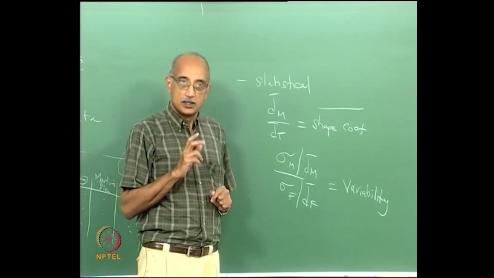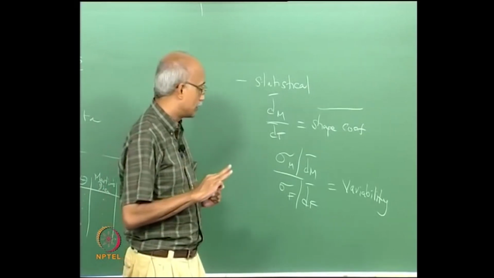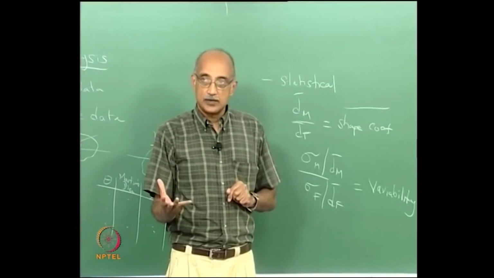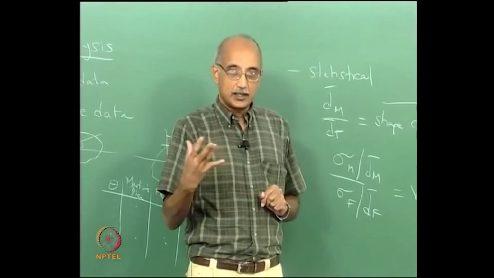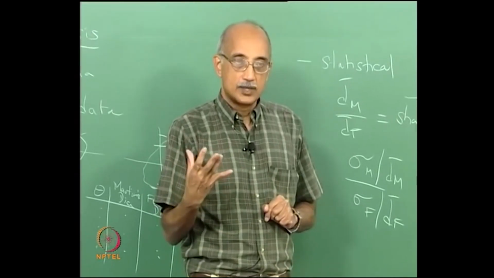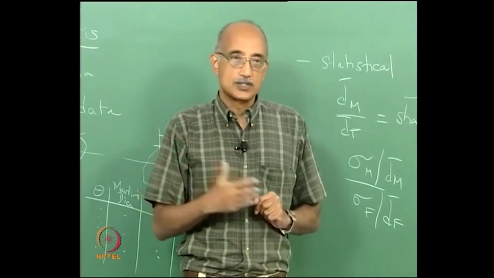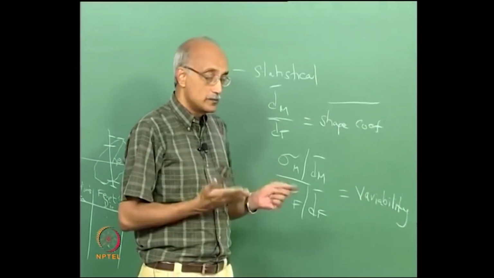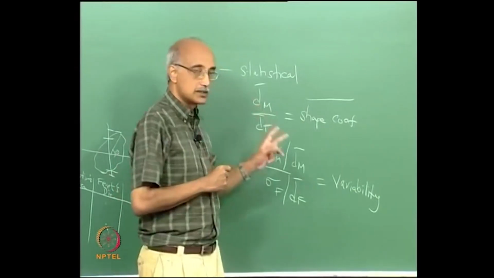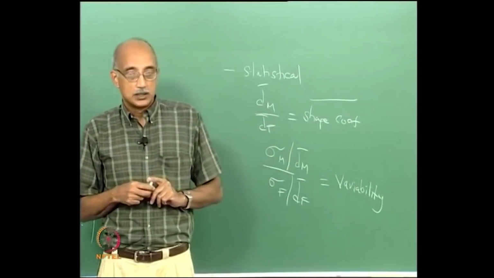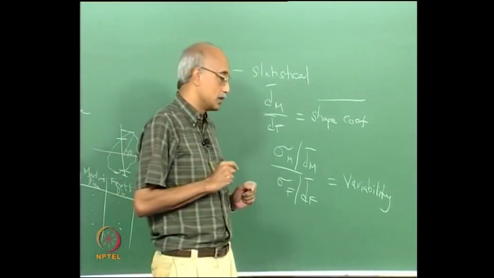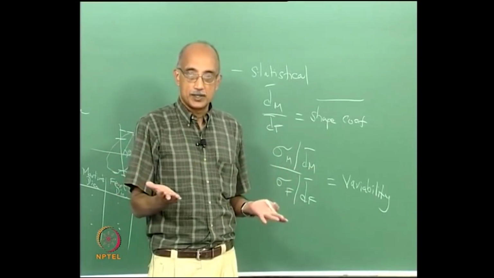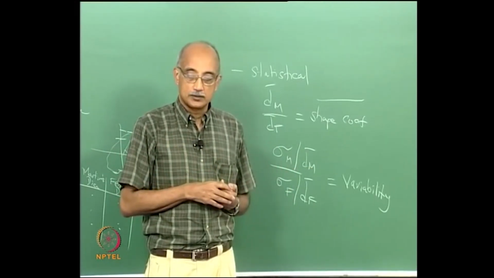A surface is always 3-dimensional, and therefore any object that you represent even in a 3-dimensional way from a shape viewpoint, you are actually neglecting a 4th dimension, which is there because of the irregularity of the surface profile in a 3-dimensional context. So statistical analysis of shape becomes very critical, particularly when you are characterizing shape distribution across an entire population rather than shape of a single particle.